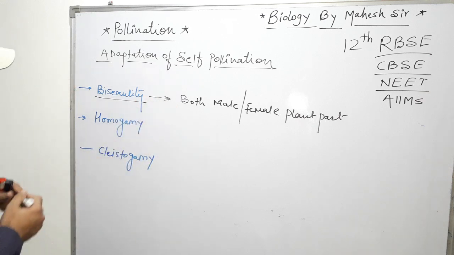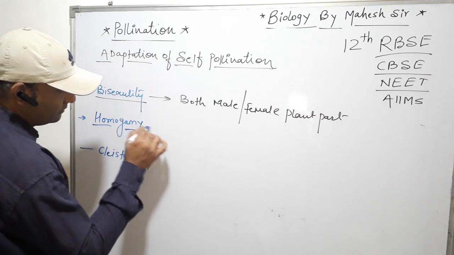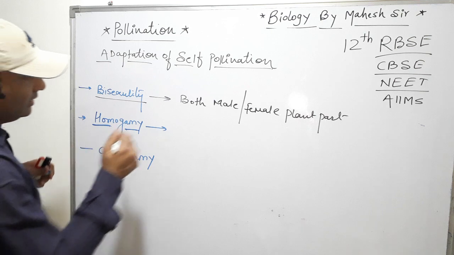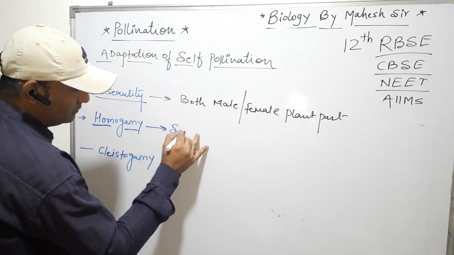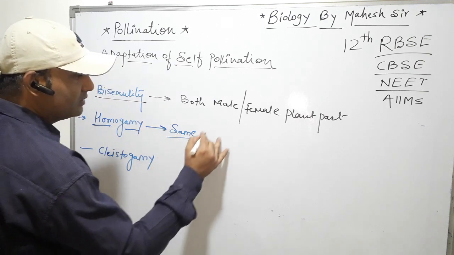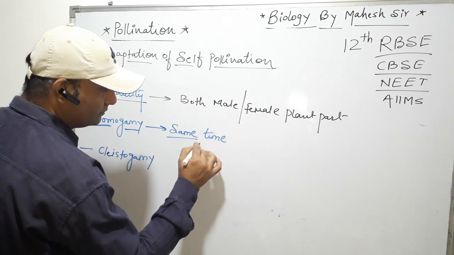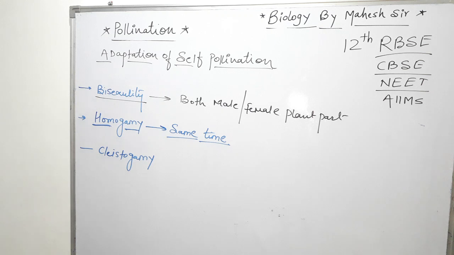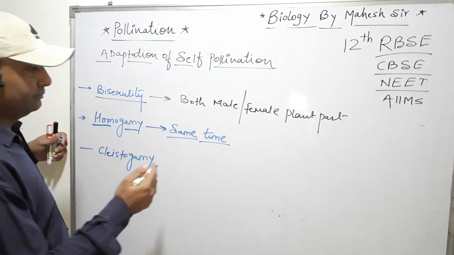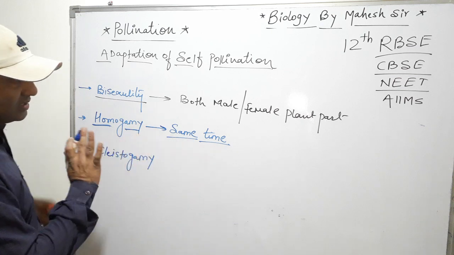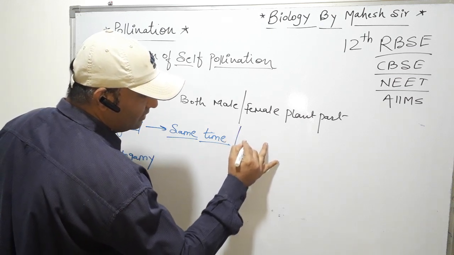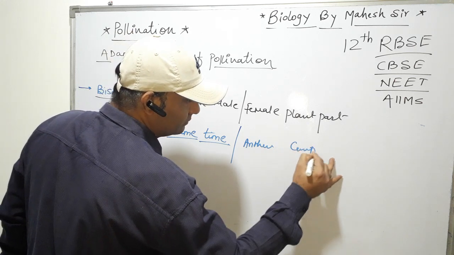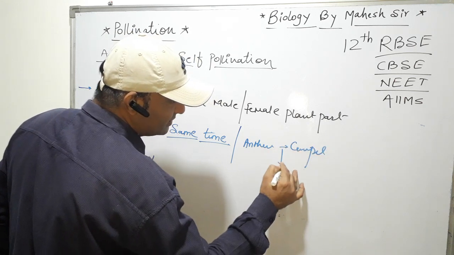Second is homogamy. Homogamy means the same time maturation of the plant. Same type maturation means that anther and then carpel both mature at the same time.